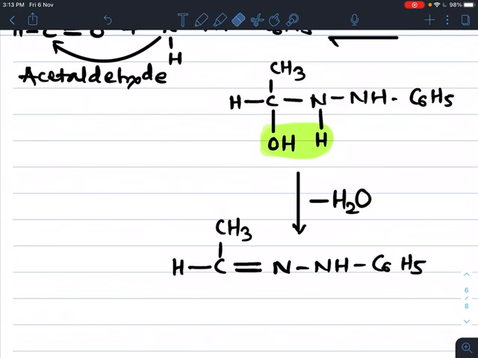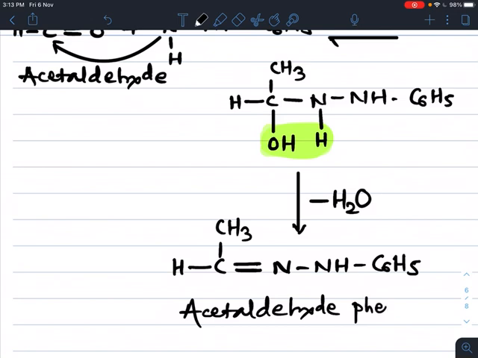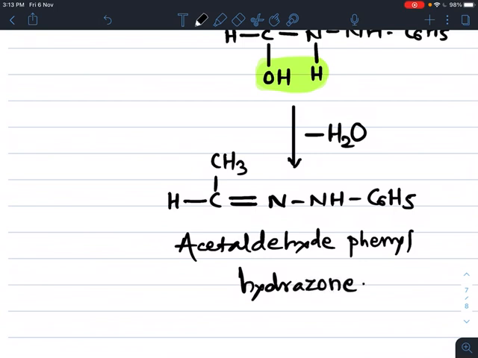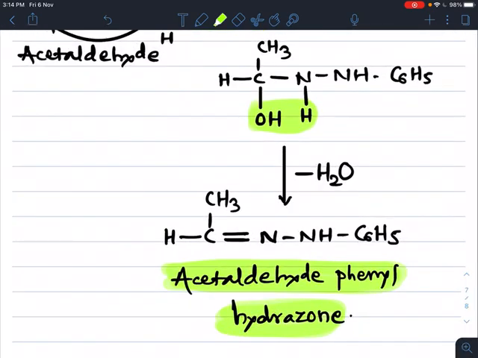The name of this compound is acetaldehyde phenylhydrazone. So hydrazine is finally converted into hydrazone. So this is the final product formed from acetaldehyde by the addition elimination reaction with phenylhydrazine. Finally we get acetaldehyde phenylhydrazone.